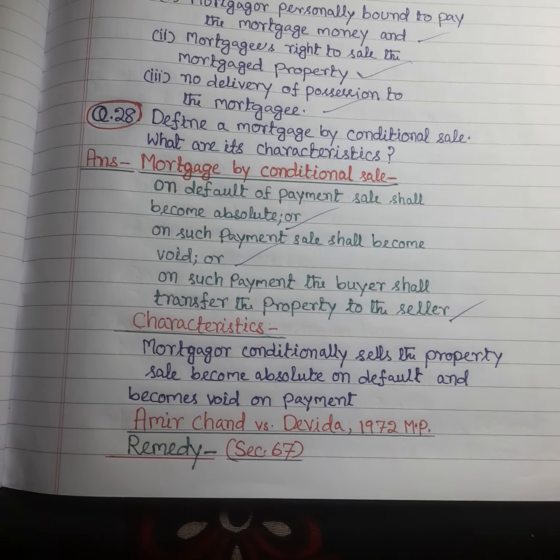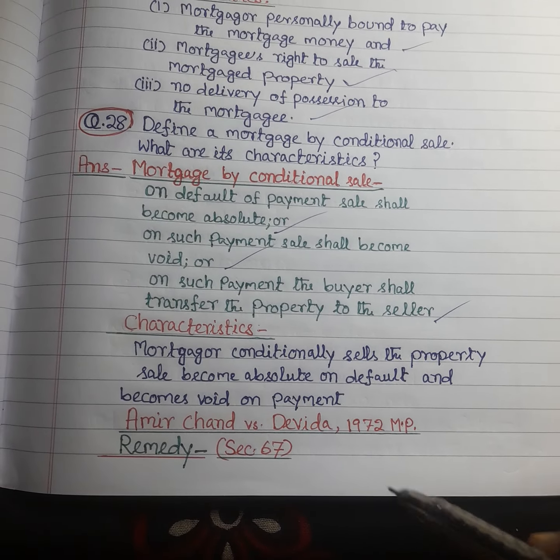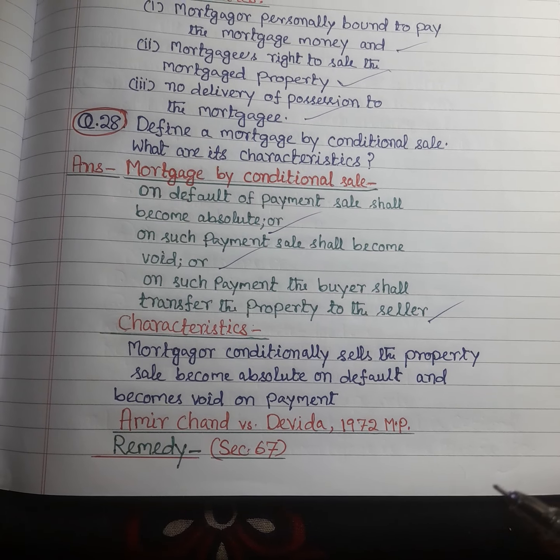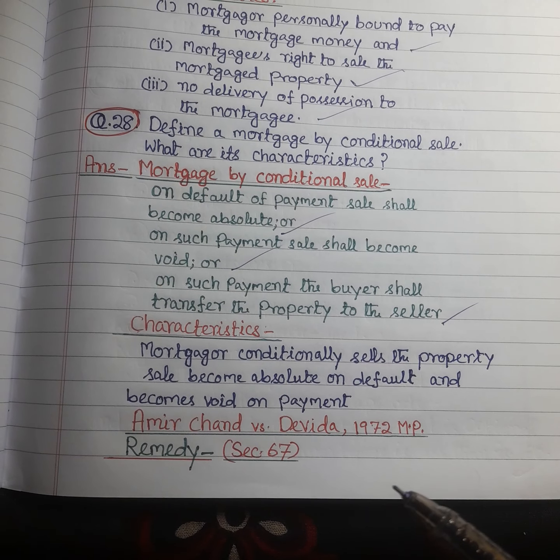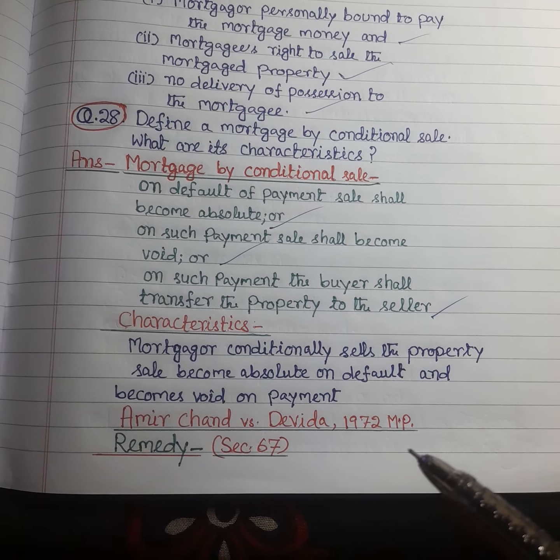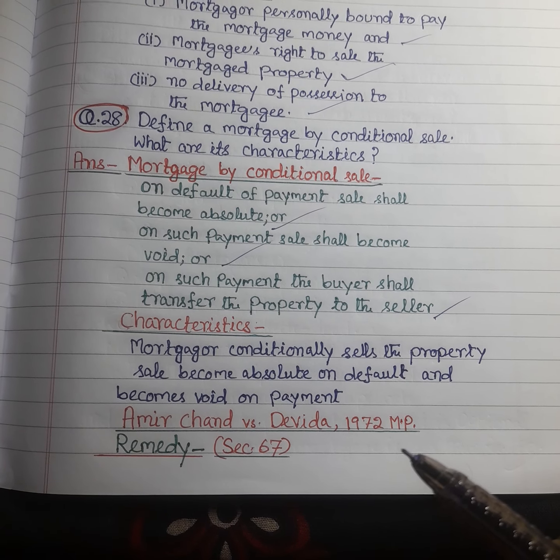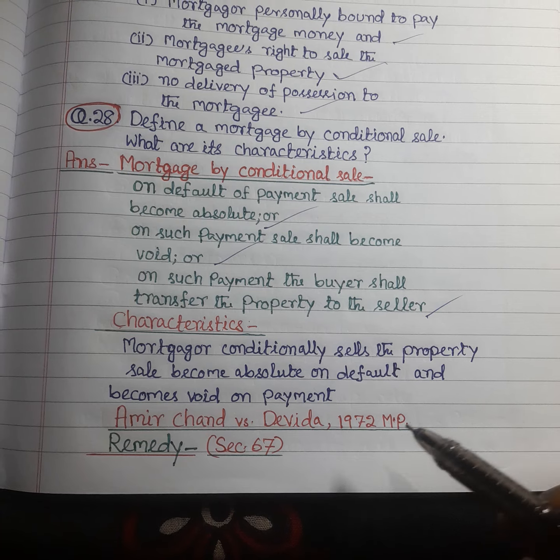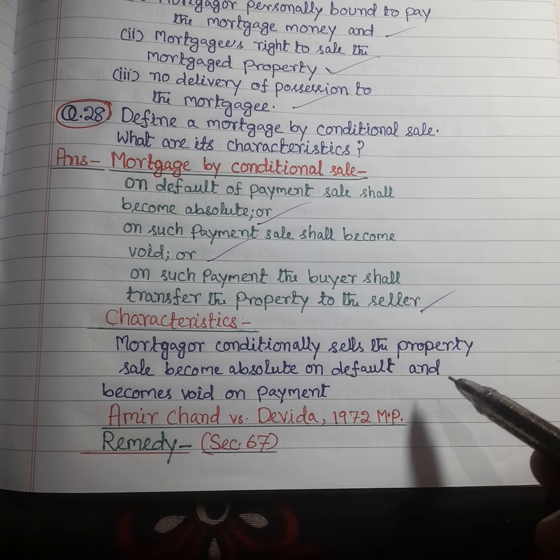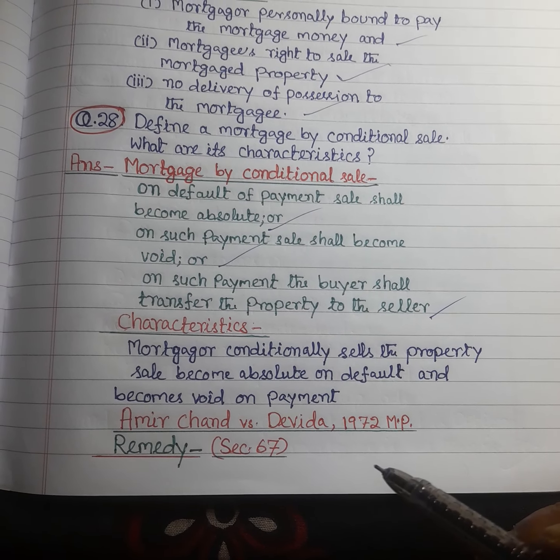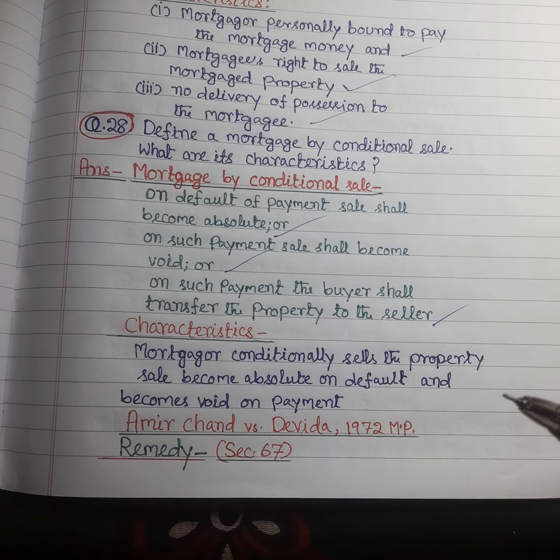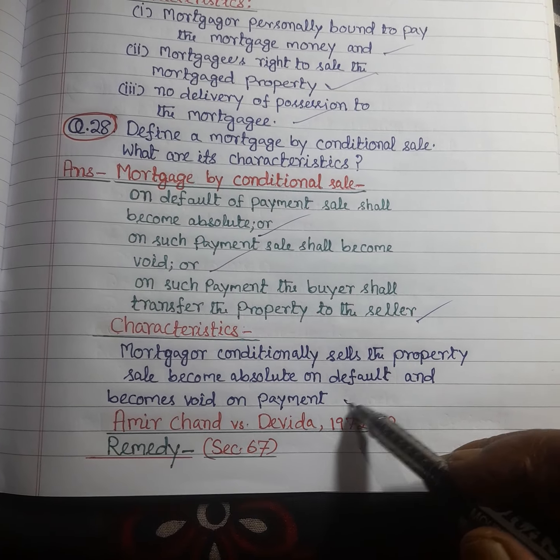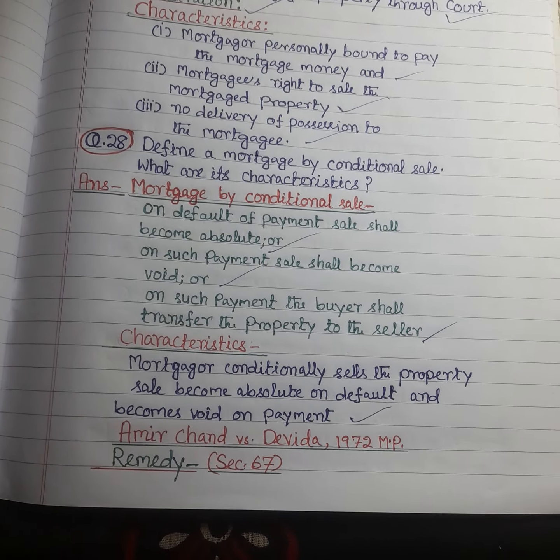And now we'll go to the characteristics of a mortgage by conditional sale. The first characteristic is that the mortgagor conditionally sells the property; the sale becomes absolute on default of payment, and becomes void on payment of the money borrowed.